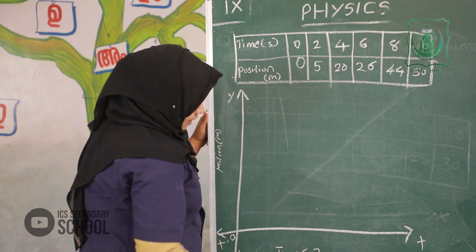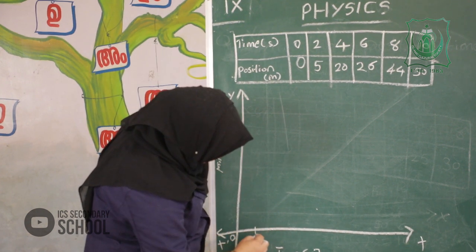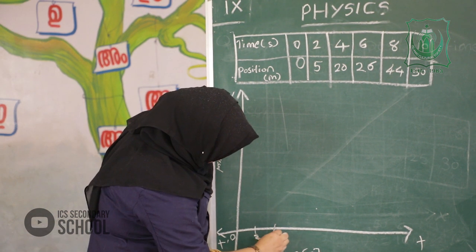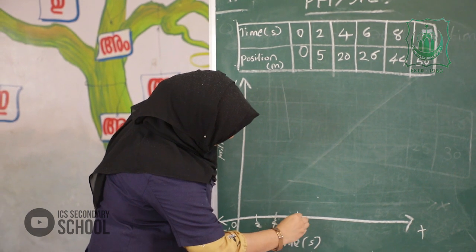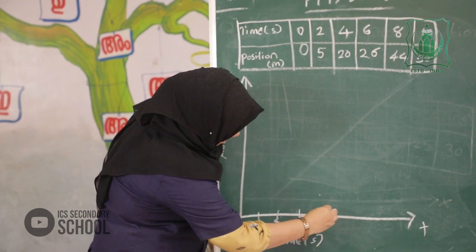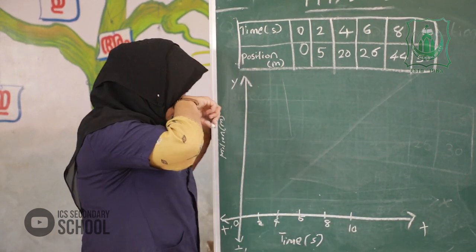Here time is 0, 2, 4, 6, 8, 10, and so on, with 1 centimeter for 2 seconds.